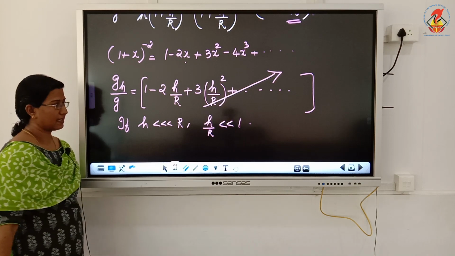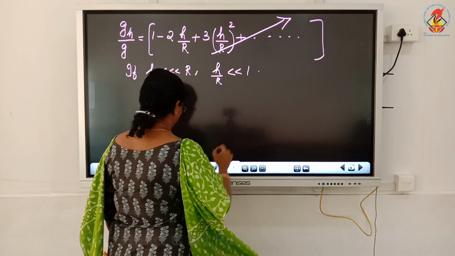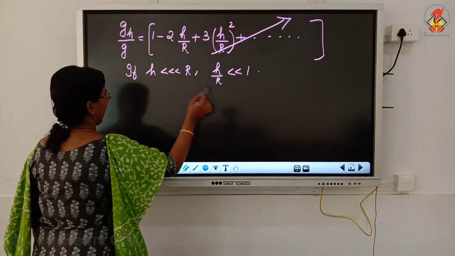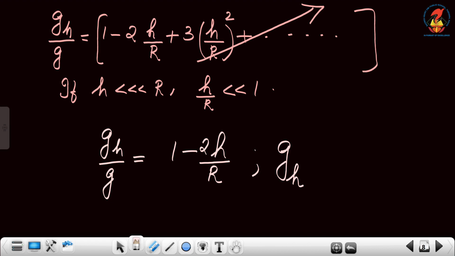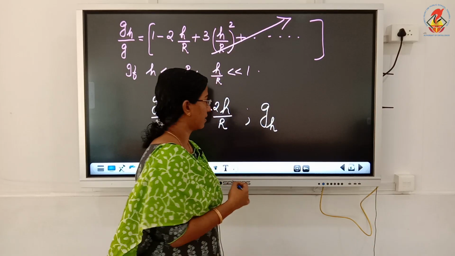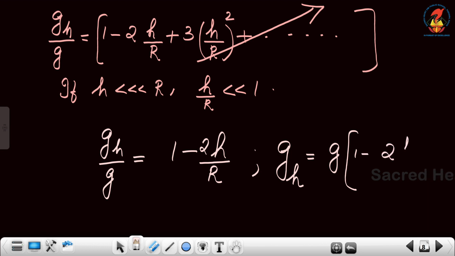If h is very much less than r, we can write the relation between g_h and g as g_h by g is equal to 1 minus 2h by r, or g_h, that is acceleration due to gravity at an altitude or height, is equal to g into (1 minus 2h divided by r).